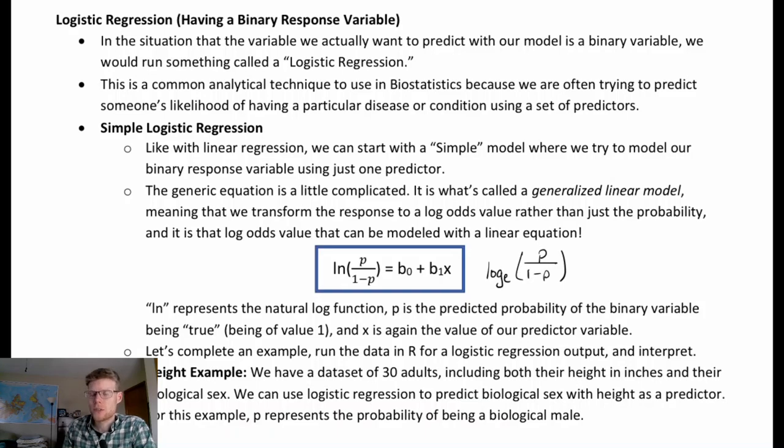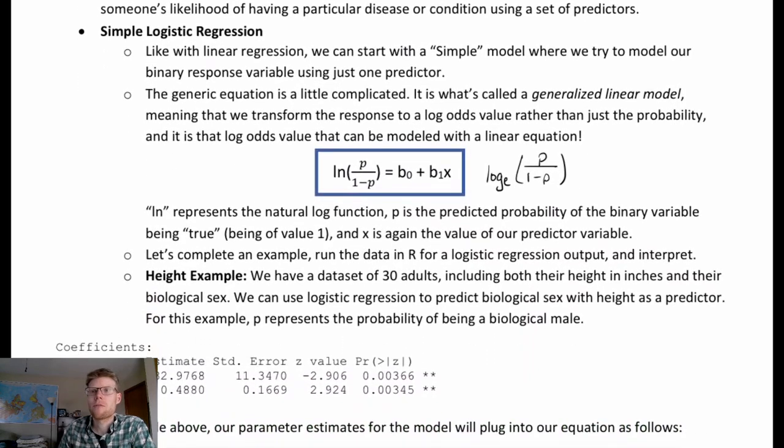We call this part right here the odds, because this is the odds of that outcome happening: the probability that it happens divided by the probability that it doesn't. And then by taking the log of it, we call this whole thing the log odds of this outcome. We'll get to that more coming up as well.